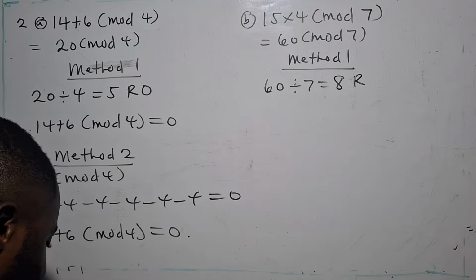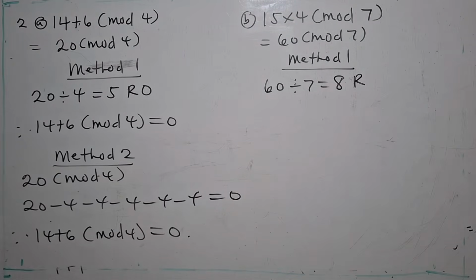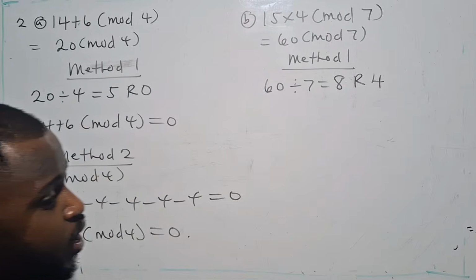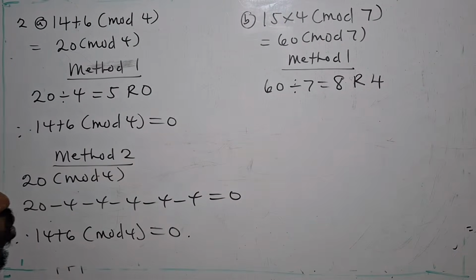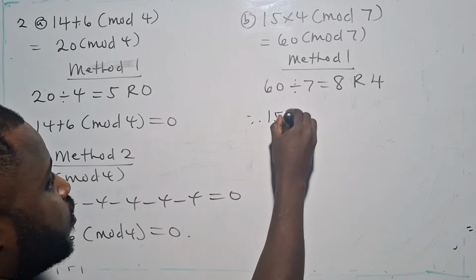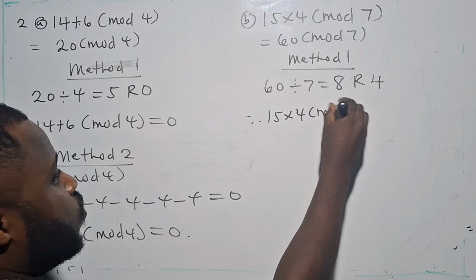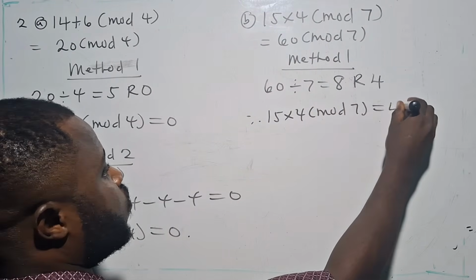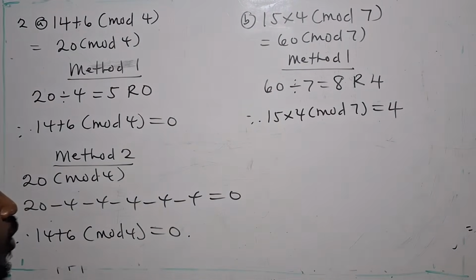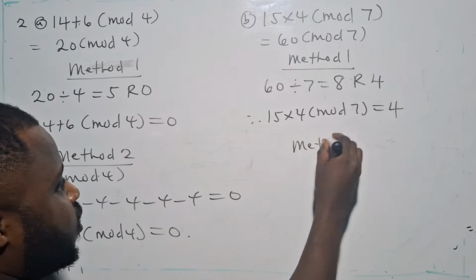Because 7 times 8 is 56. So remember 4. So you conclude by saying that 15 times 4 mod 7 also gives me 4. 4 is accepted in mod 7, and we leave our answer as such.